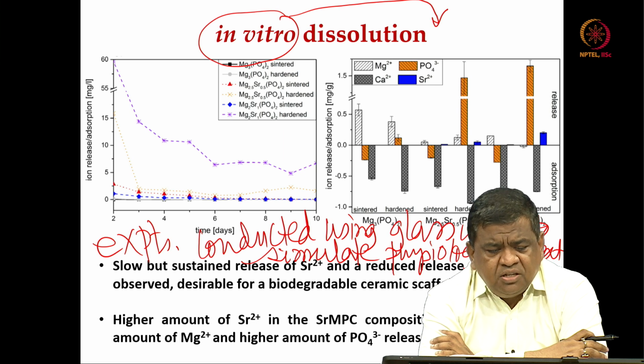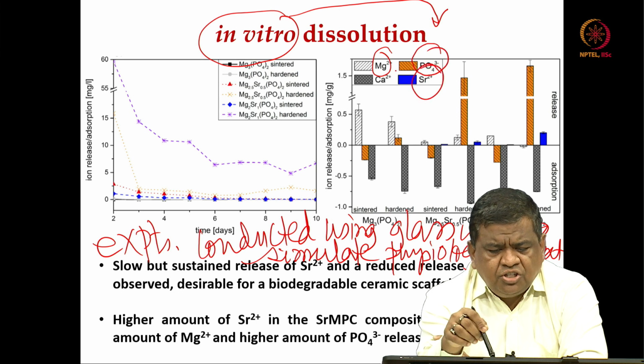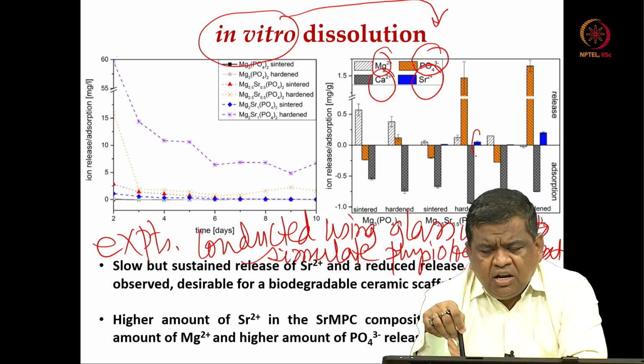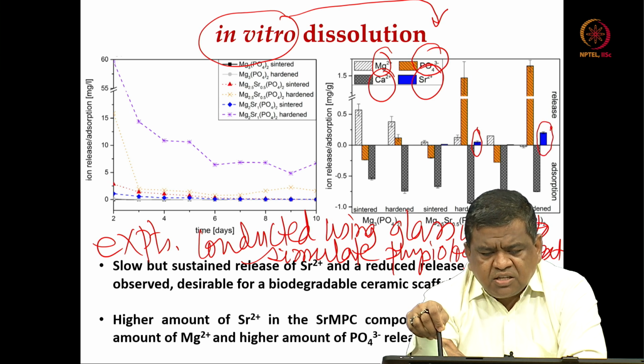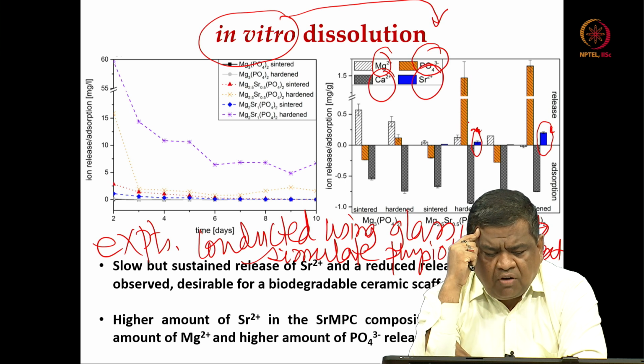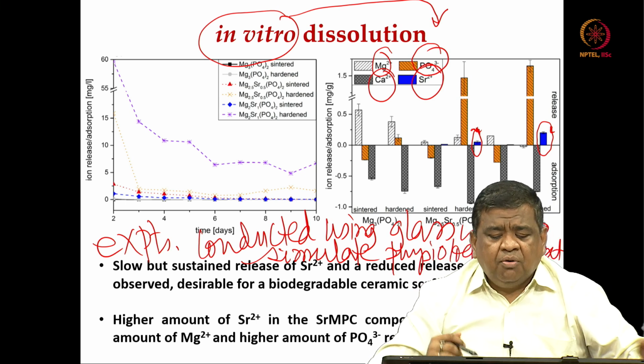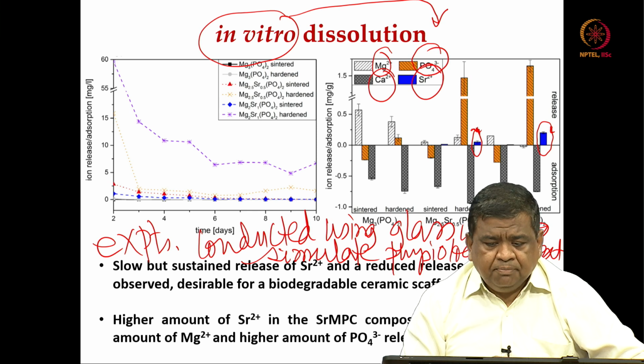Then we measured the release or adsorption of different ions, and those are mentioned here: the magnesium 2 plus ions, phosphate ions, strontium ions and calcium ions being released. What you can clearly notice is that in Mg2Sr1PO4 the strontium release is more, but it is certainly less than 0.25 milligram per gram, compared to magnesium 2.5, strontium 0.5, PO4 whole 2. So, a higher amount of strontium in the strontium magnesium phosphate cement composition induces a lower amount of magnesium and a higher amount of phosphate release cumulatively.